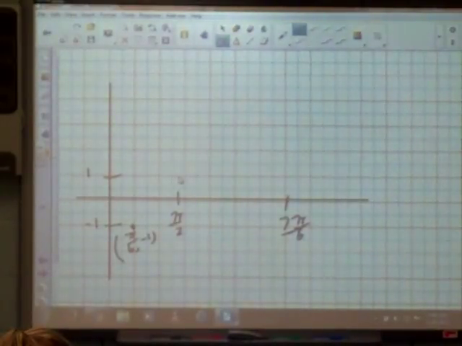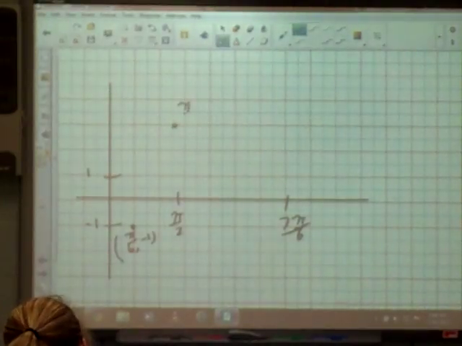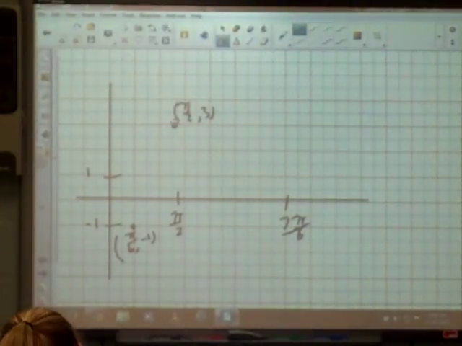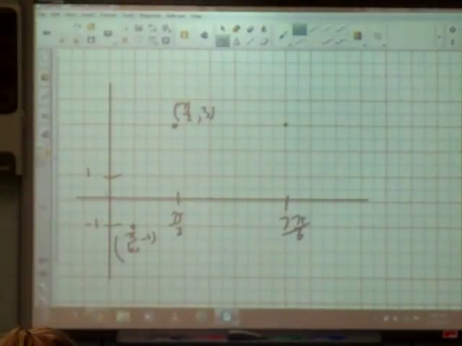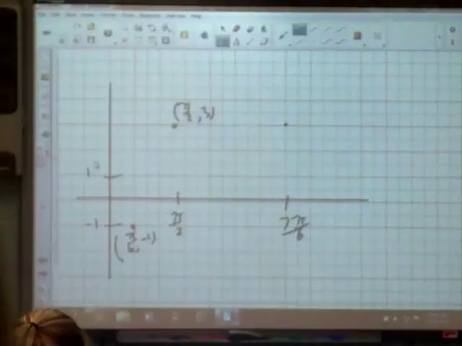So there's 1, 2, 3. That'll be pi over 2 and 3. And 7 pi over 6 and 3. Alright, so it's going to go.